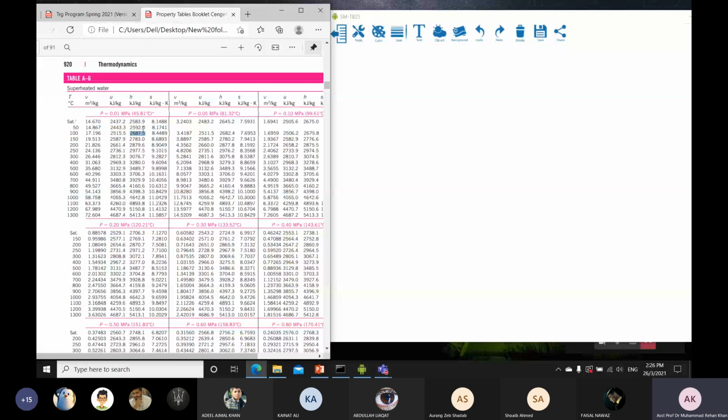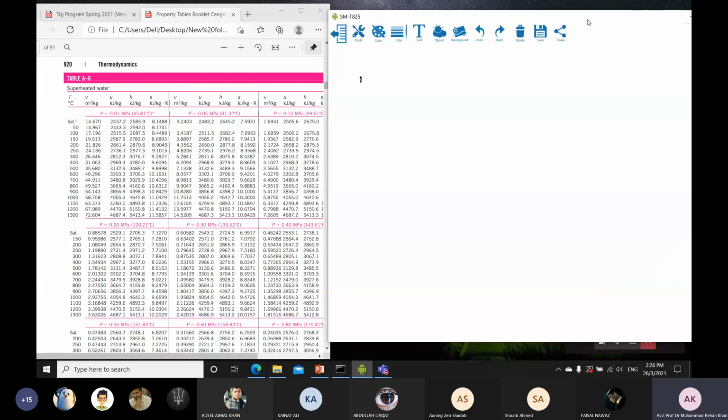Once we know the enthalpy value lies in between, we can easily apply the interpolation, because we are looking for the temperature. We already judge from this data that the temperature T6 is between 50 and 100.